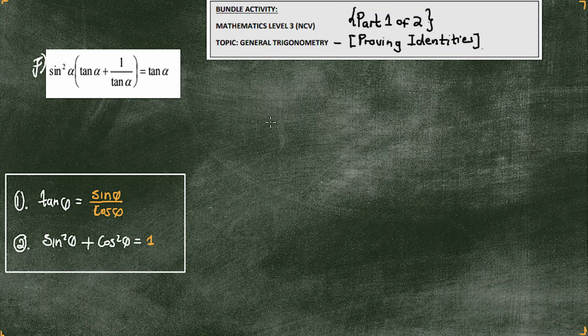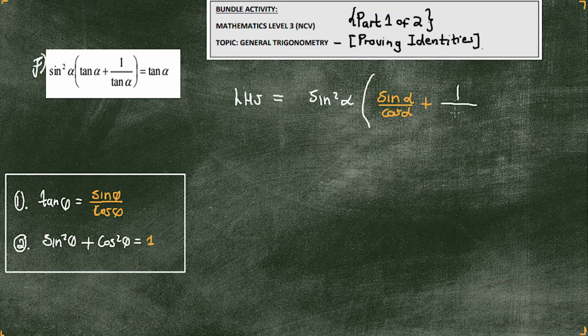That's f. I think it's obvious what you should be doing here. We should be taking the left hand side and simplifying that. So it's going to be sine squared alpha, open bracket. So that tan is an identity. Let's change it to sine alpha over cos alpha plus 1 over that tan as well.